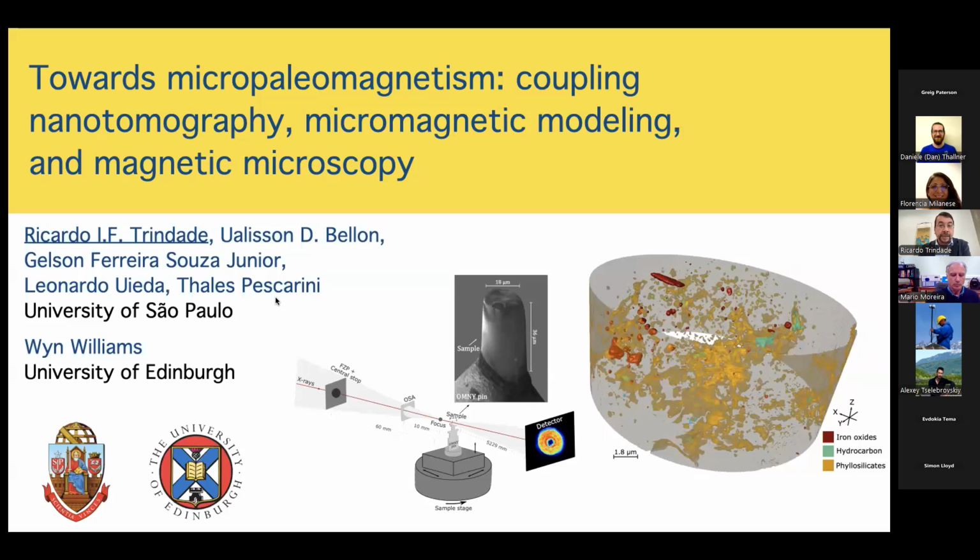So the idea of the talk today is to talk a little bit about all those advances that we have done as a group, trying to go from the bulk rock classical paleomagnetism to more grain-focused paleomagnetism using some advanced techniques of nanoimaging, micromagnetic modeling, and also some inversion of magnetic microscopy.